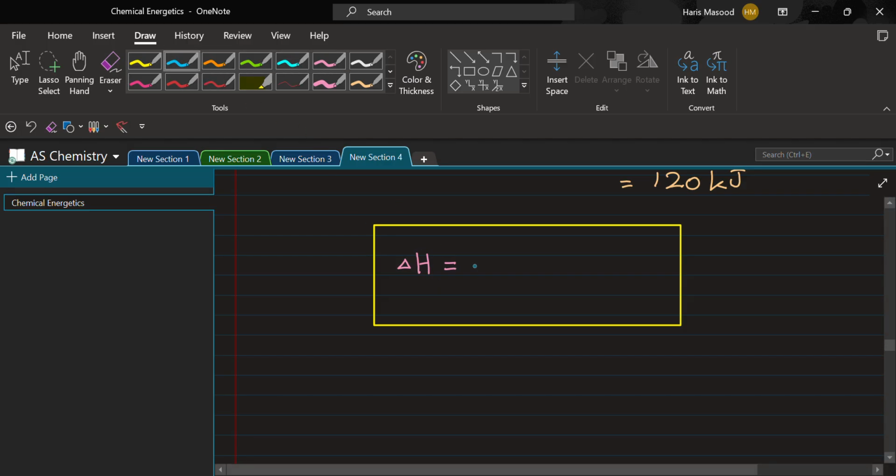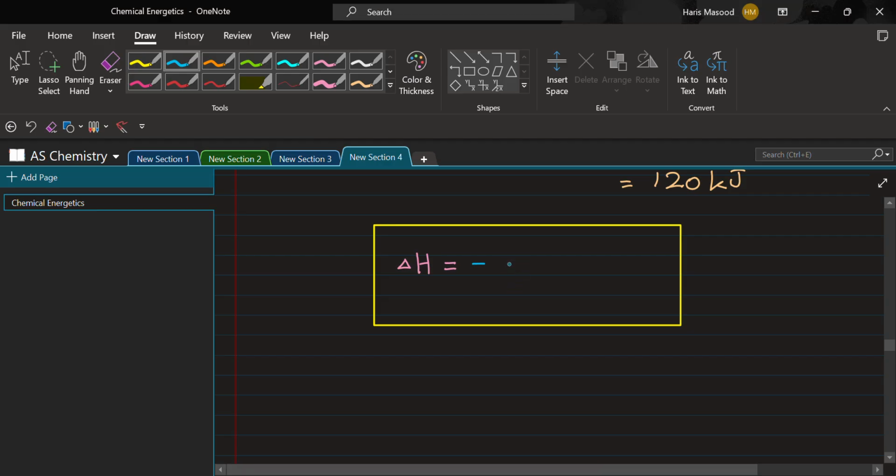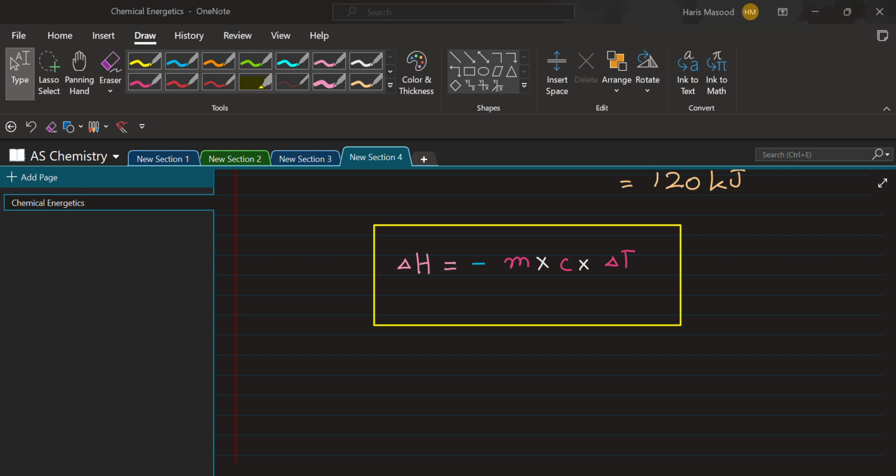Delta H is equal to minus M, you have a minus sign, then you have all the remaining things as it is, M C, and then you have delta T. This is another formula that is used to calculate the enthalpy change directly.